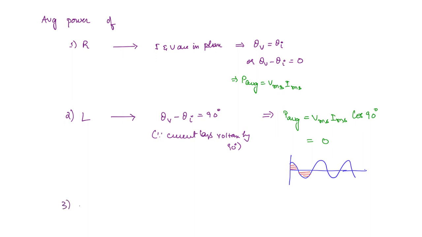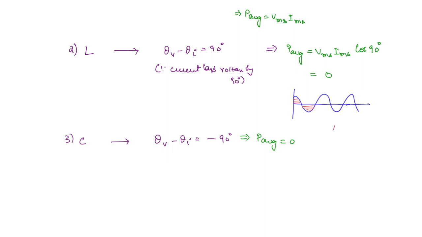Similarly for a capacitor the case is the same. The only difference is theta V minus theta I is equal to minus 90 degrees, because here the current leads the voltage by 90 degrees. Then the average power is once again equal to 0. So you can write the point here: L and C absorb power over one half cycle and deliver power over the other half cycle.